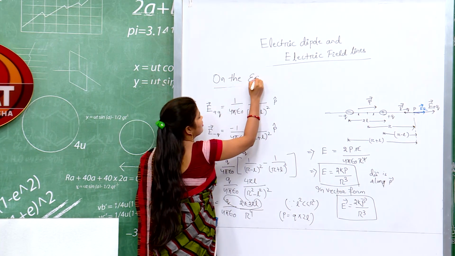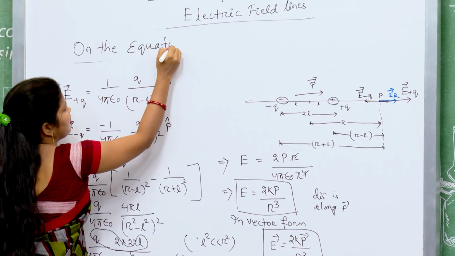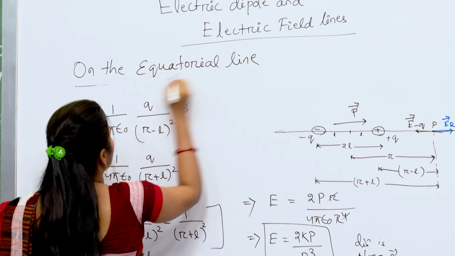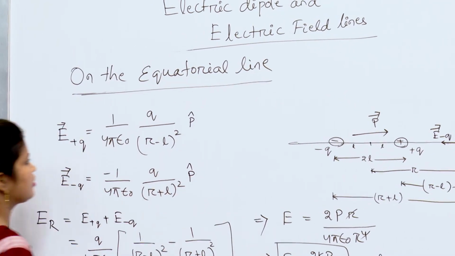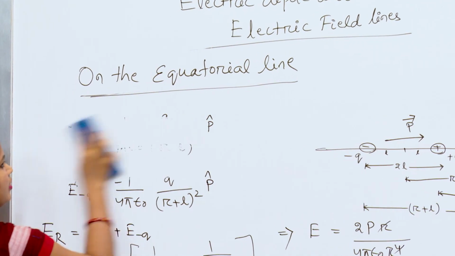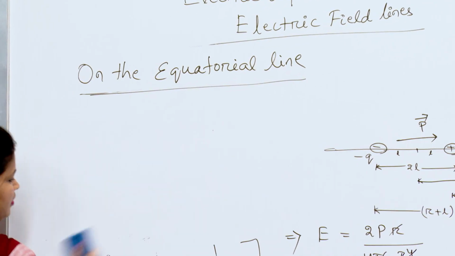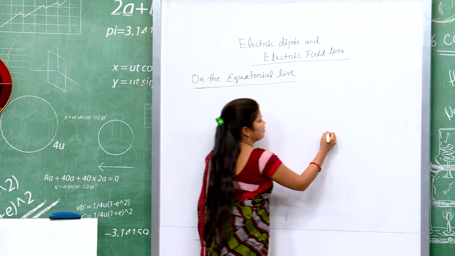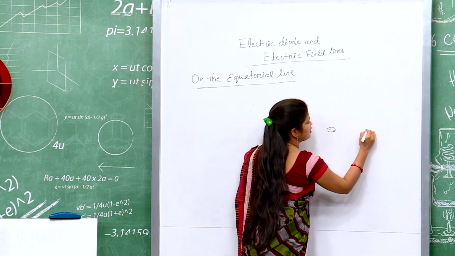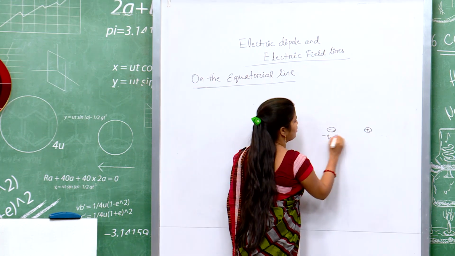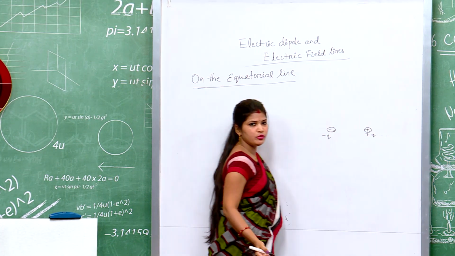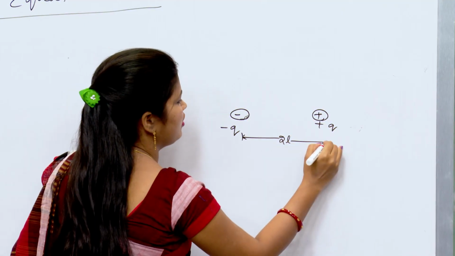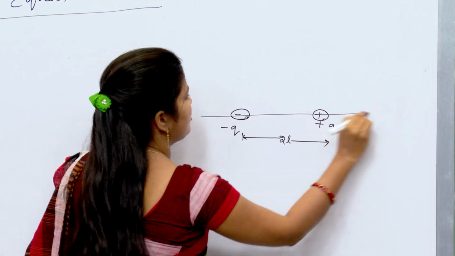On the equatorial line, see, 2 point charges minus q and plus q separated by distance 2L, and this is the dipole axis.